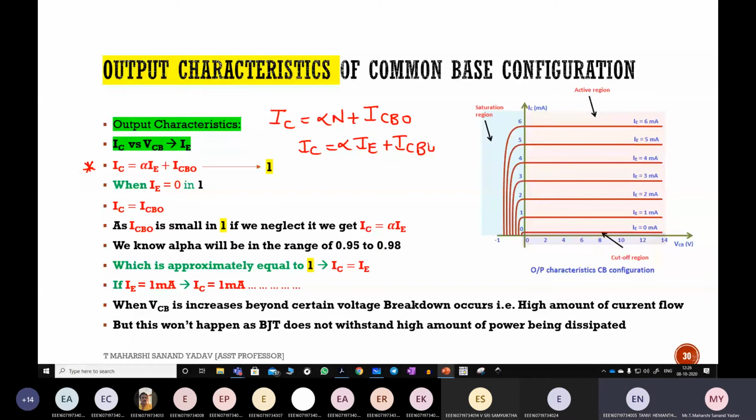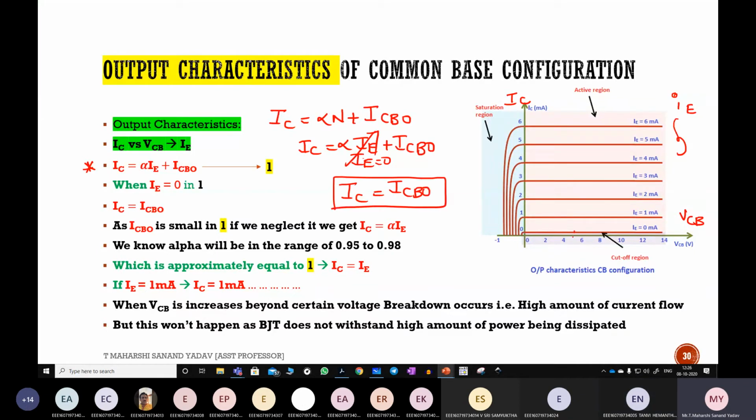Now I'm plotting IC, the output current, against VCB, the output voltage, for different values of input current IE. Suppose I put IE equal to 0 in this equation, this term gets cancelled. So IC is nothing but the reverse saturation current ICBO. When IE is 0, I got the reverse saturation current.